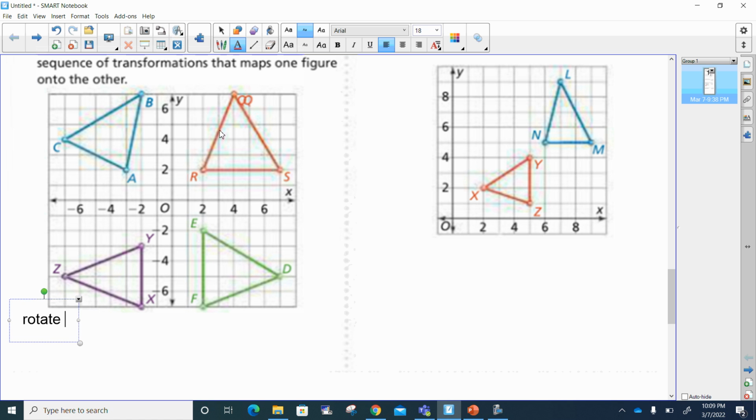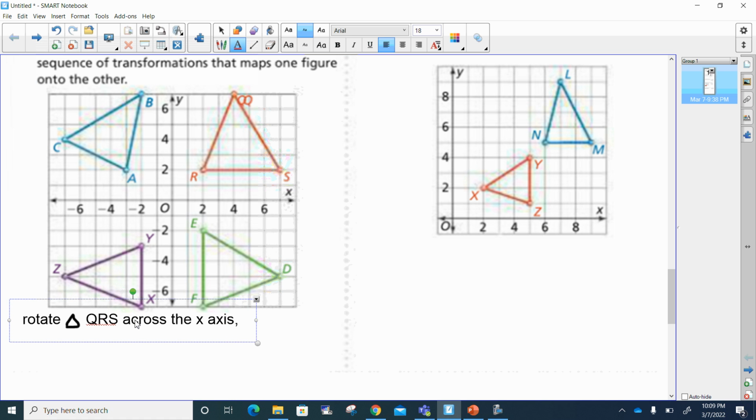Do this the correct way. Triangle QRS across the x-axis.